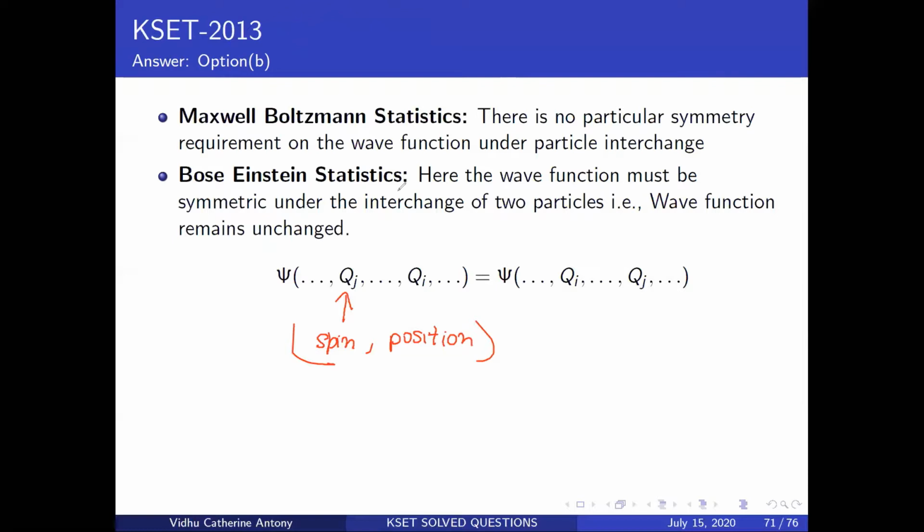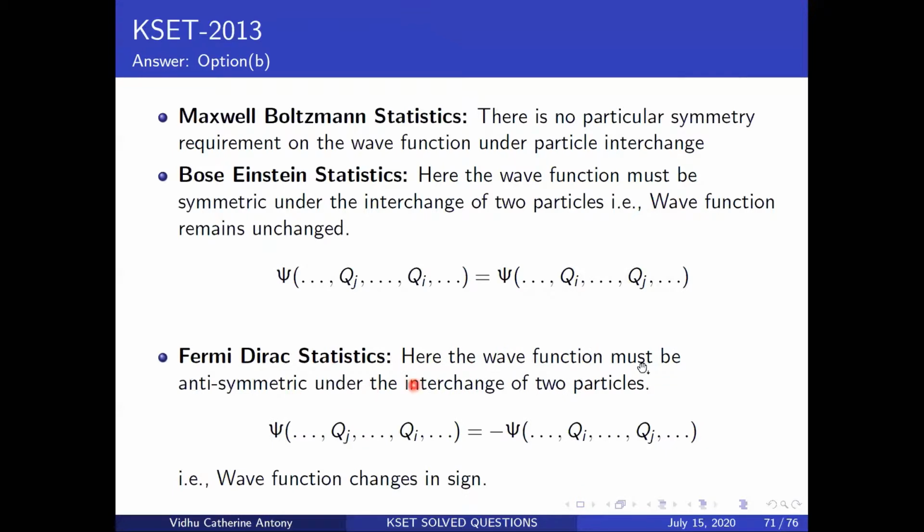That's Bose-Einstein statistics, which deals with symmetric wave functions. Then Fermi-Dirac statistics talks about anti-symmetric wave functions, where the sign of the wave function changes when the two particles interchange.